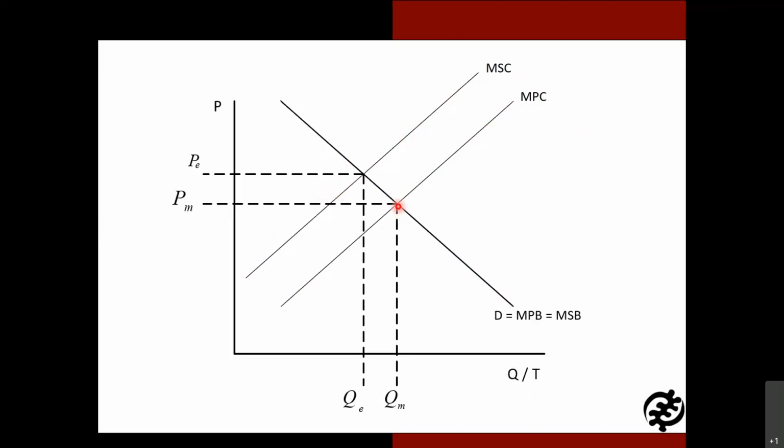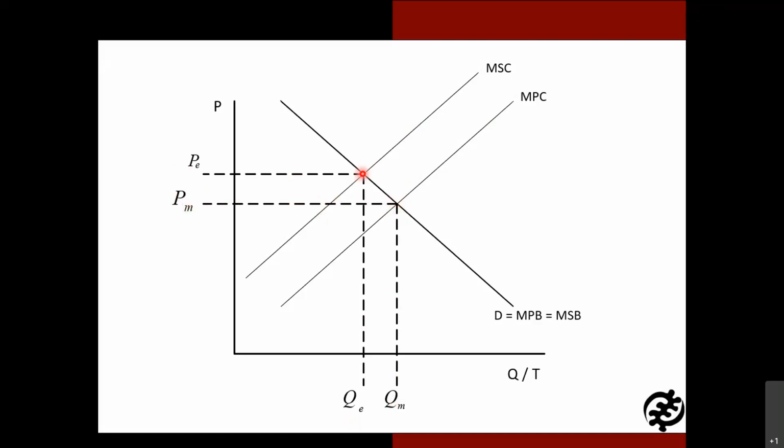So the market, if you leave it alone, will go to this point, at price P sub M, the price of the market, and quantity of the market right here. However, the efficient level, where all the costs and all the benefits are taken into account, is up here at P sub E and Q sub E.